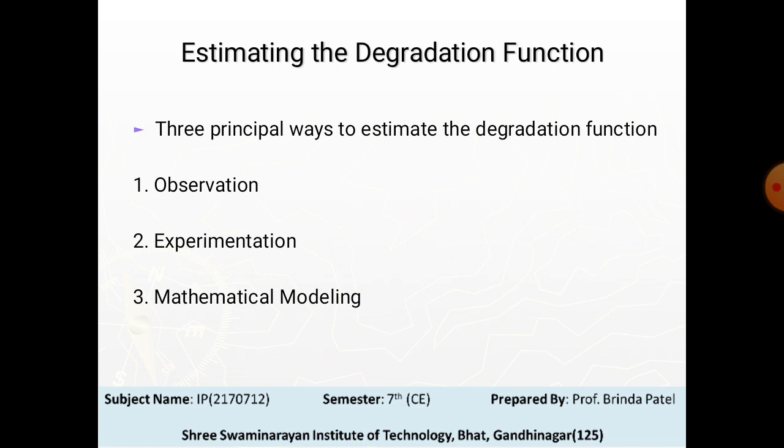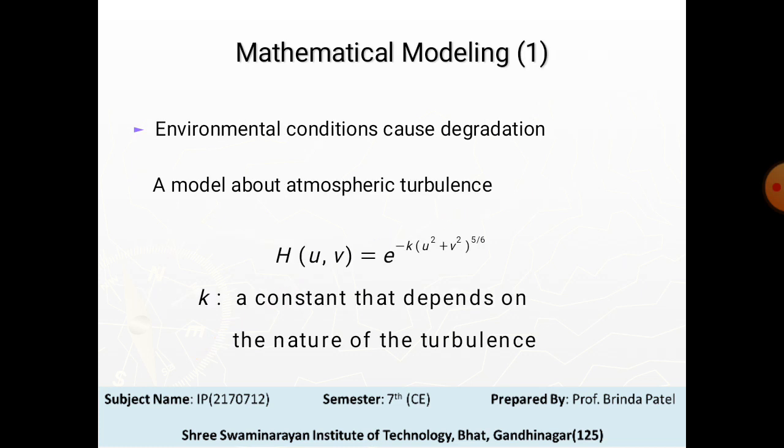So here, estimating the degradation function. The three principal ways to estimate the degradation function are observation, experimentation and mathematical modeling. So here, estimation by modeling, that is mathematical modeling.